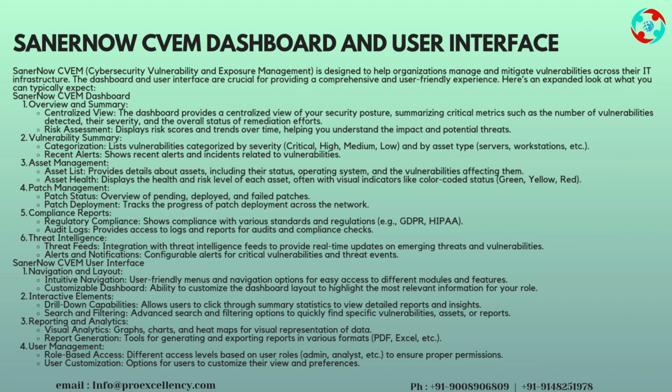Patch deployment tracks the progress of patch deployment across the network. Compliance reports. Regulatory compliance shows compliance with various standards and regulations, for example GDPR, HIPAA. Audit logs provides access to logs and reports for audits and compliance checks.